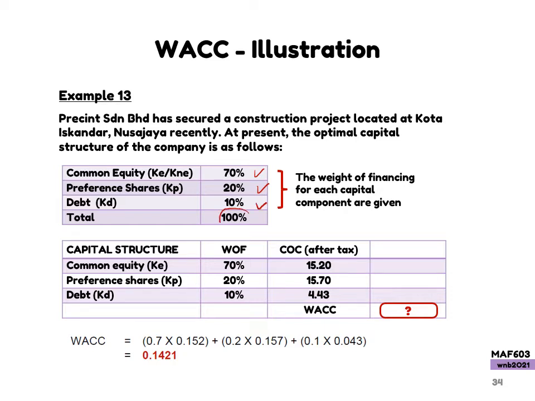So that is 100% of its capital structure. Okay, we have the weight of financing for each of these. Then for the cost of capital, we know KE is 15.2, KP is 15.7, and KD is 4.43%. So it is easy to calculate WACC. Take the weight of financing for each individual component times the cost of capital individually, then you will get the WACC for Precinct of 14.21%.